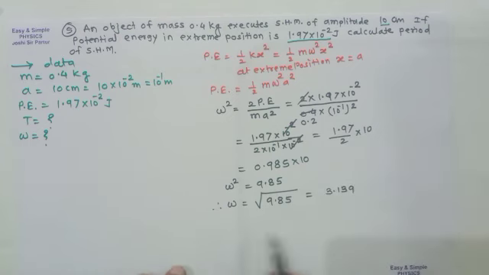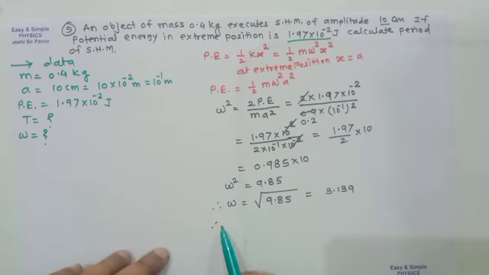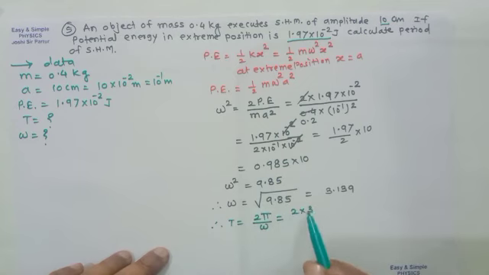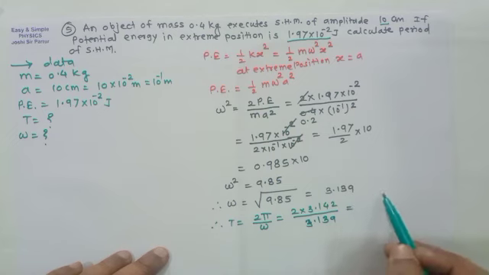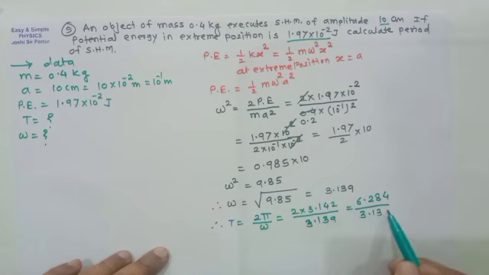We know the formula for time period. Time period is equal to 2 pi upon omega, which is 2 into 3.142 divided by 3.139, that is 6.284 divided by 3.139.